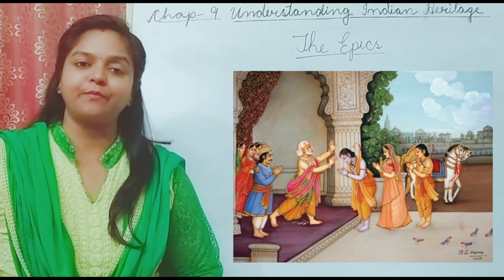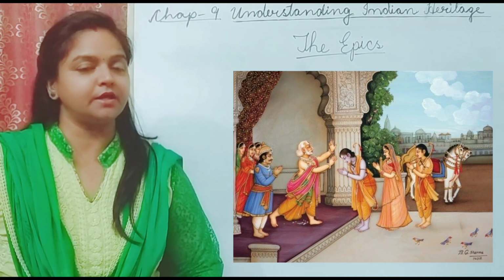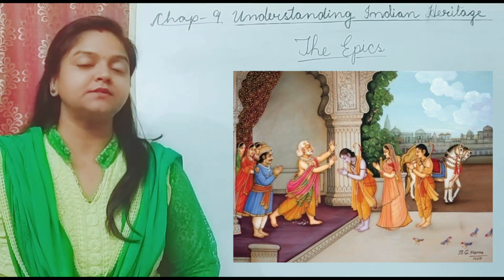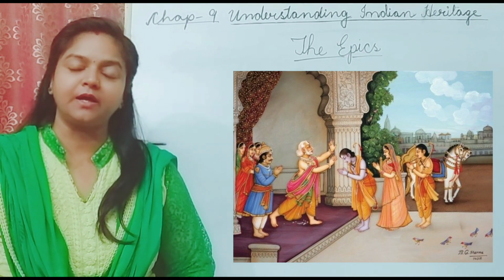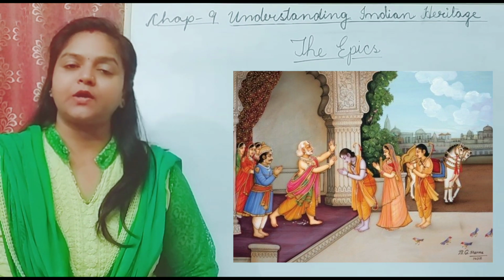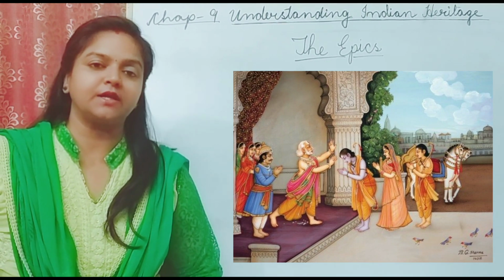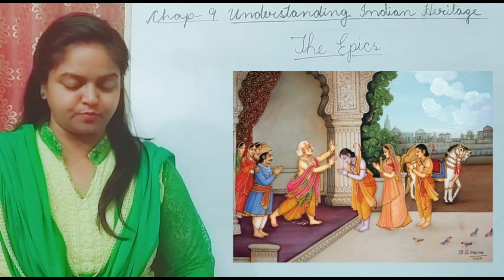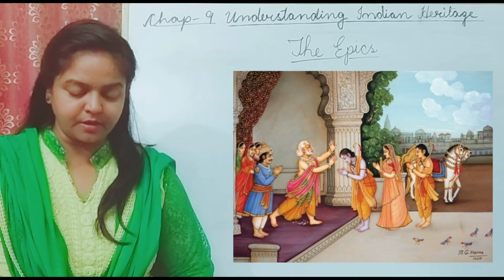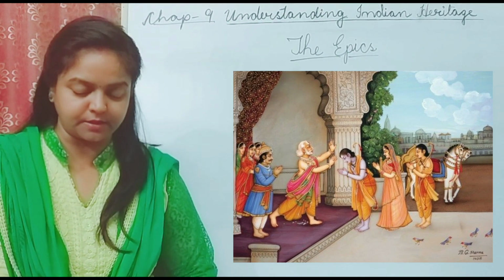Ayodhya was the capital of Koshala kingdom in ancient times. As Delhi is the capital of India, in the same way Ayodhya was the capital of Koshala kingdom. That's why it is mentioned here that Rama was a prince of Koshala kingdom.